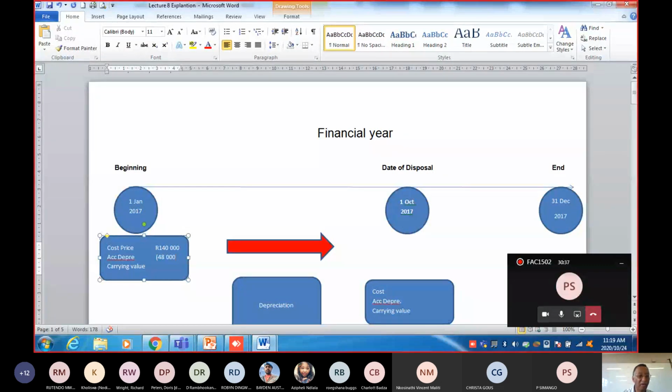And therefore, the carrying value on the 1st of January was an amount of 92,000 Rand. Carrying value is cost minus accumulated depreciation. Students, I'm just taking you through the process now to explain to you, first of all, what is happening in this question.